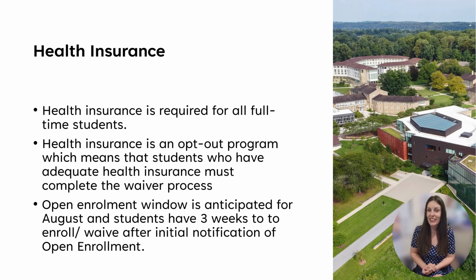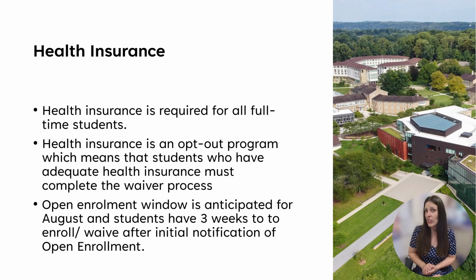Health insurance is required for all full-time students at Goucher, and it is an opt-out program. That means you as a student are required to either waive health insurance or enroll in it once the notification has been sent to you.